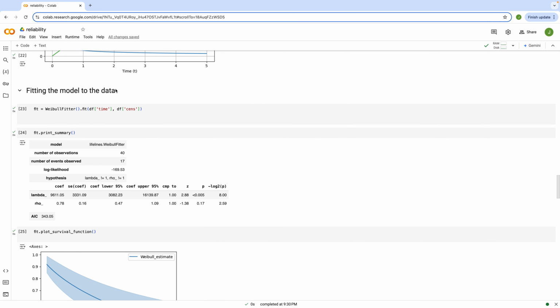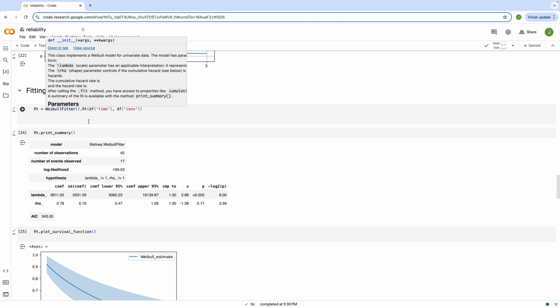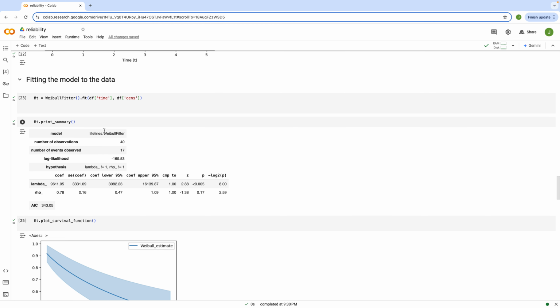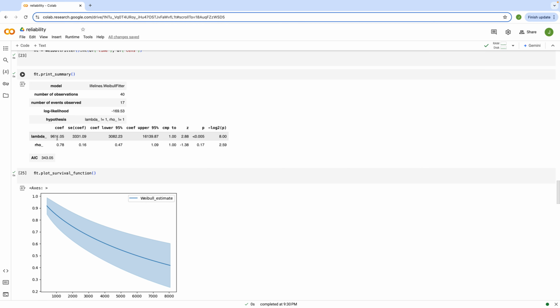Okay, so if we want to fit our Weibull model to our data, we can do that with this Weibull fitter in Python from Lifelines. It will produce the parameter lambda for us as well as the parameter k. Two things of interest here: it gives us a confidence interval, a range of values that might be reasonable for lambda as well as rho.